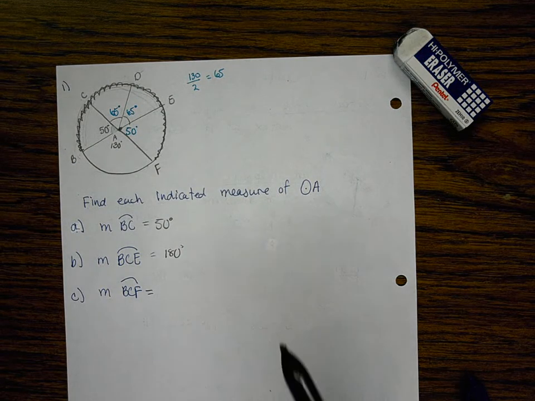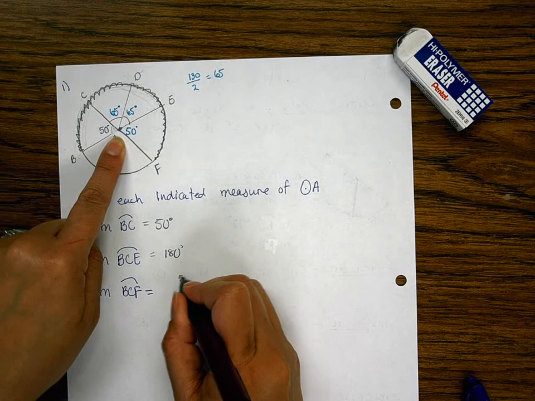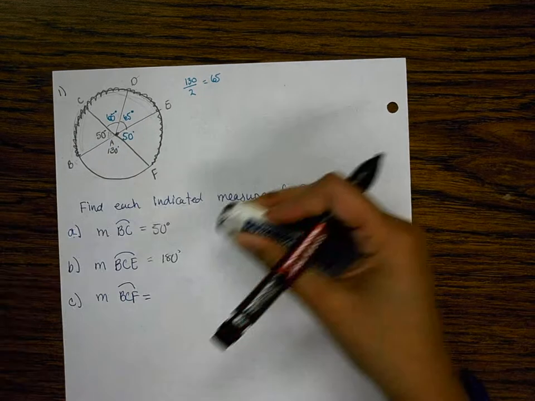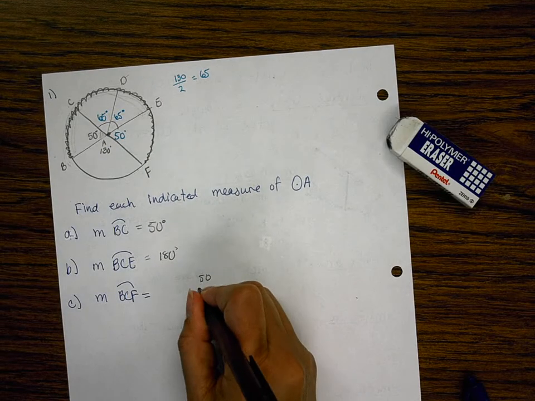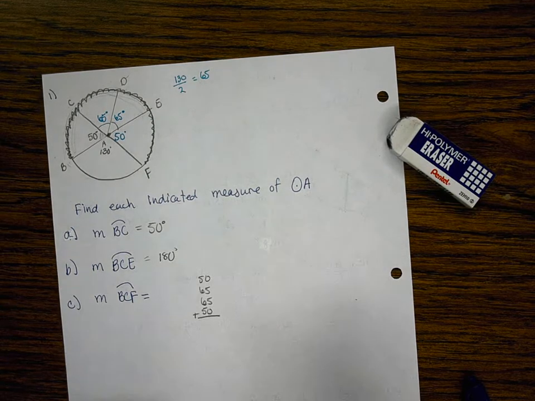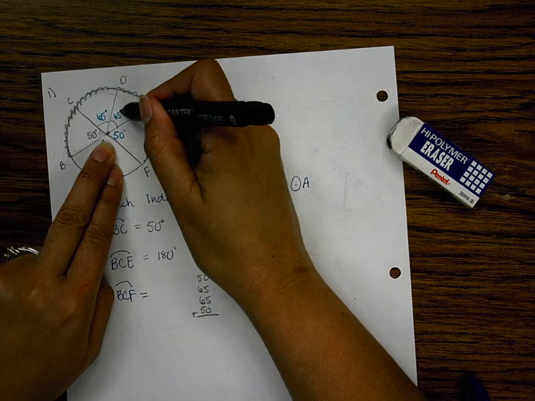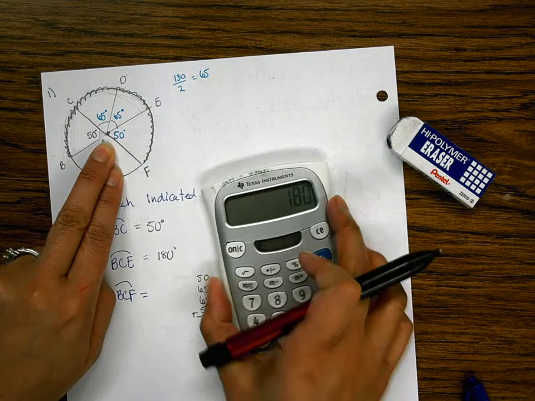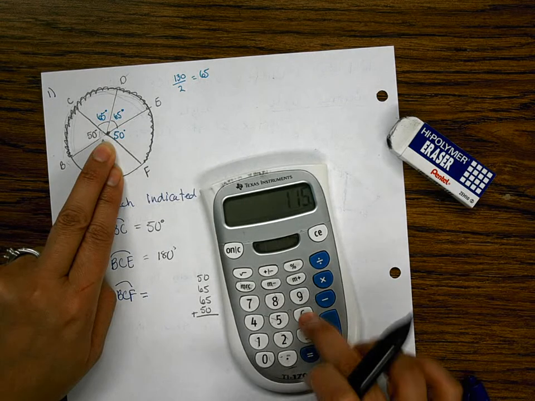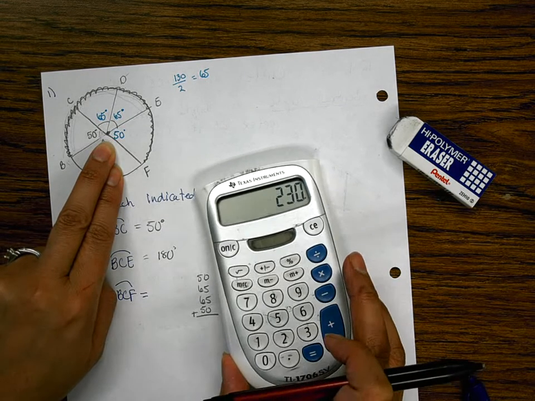You can add up all of those angles there. 50 plus 65, 50 plus 65 plus 65 plus 50. You can plug that in your calculator. 50 plus 65 plus 65 plus 50 equals 230.